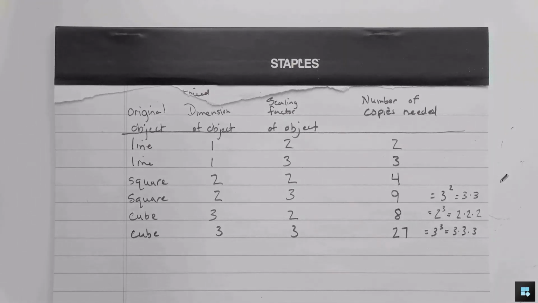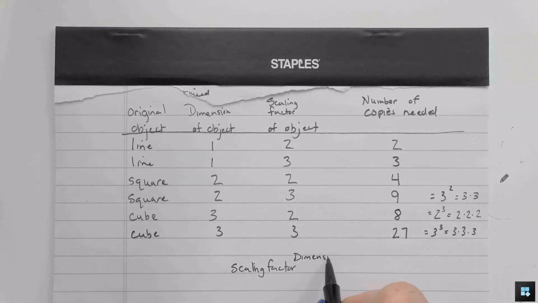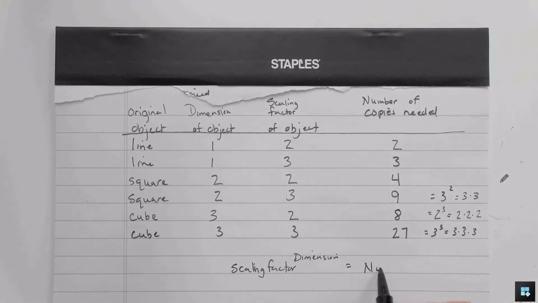So what we see then is that the number we raised was the base. The base right here, that's the scaling factor. And you raise it to the dimension. That's the exponent, the dimension. And you get the number of copies needed.